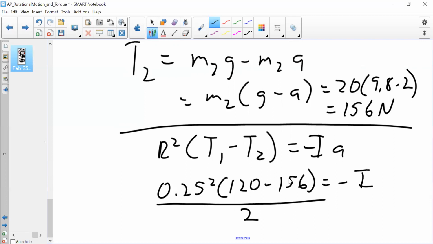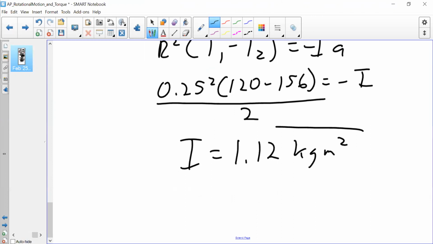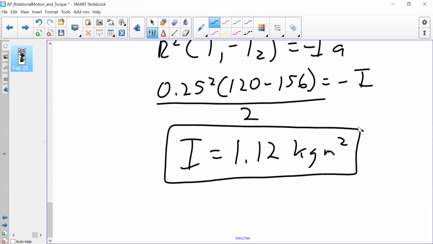So yeah, it balances out anyway. So I was saying that physical correction, sometimes we have to do that, because sometimes the answer will be negative, but we know it's positive because it's scalar. But in this case, it works out fine. When you do this, you're going to get your moment of inertia to be roughly 1.12 kilogram meters squared.